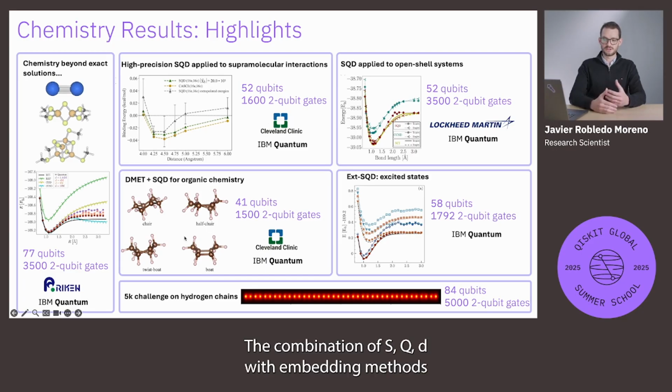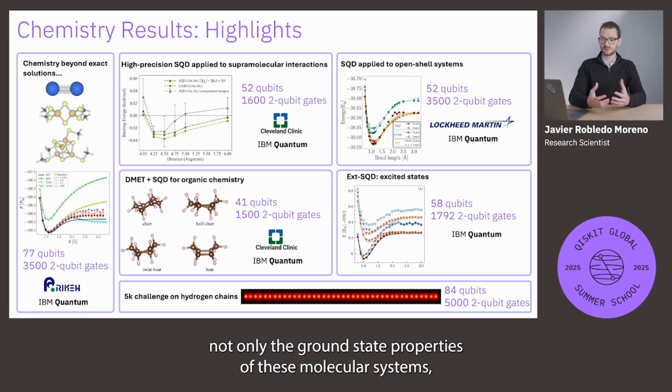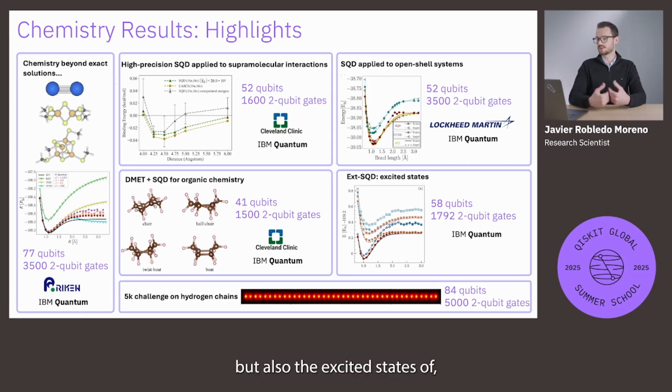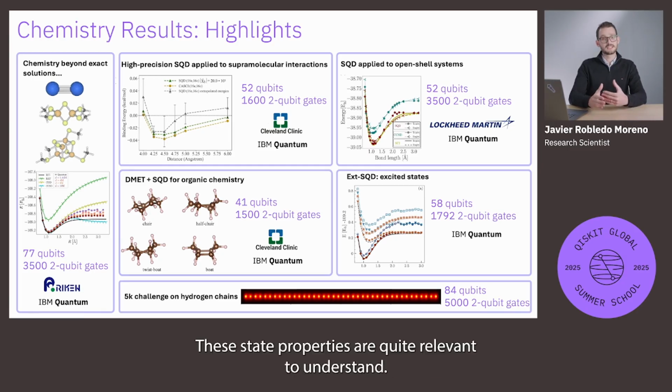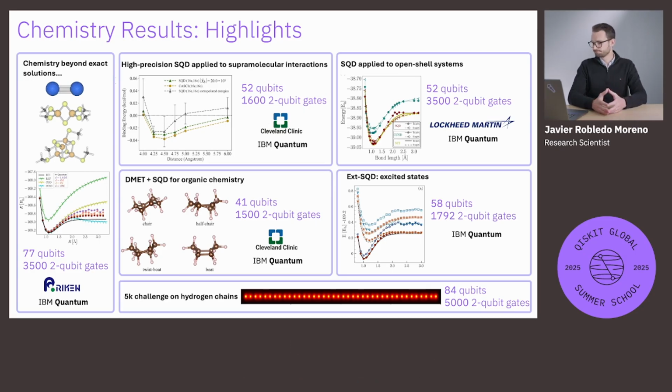The combination of SQD with embedding methods to study larger organic molecules. And also it's been generalized to study not only the ground state properties of these molecular systems, but also the excited states of molecular systems. These excited state properties are quite relevant to understand, for example, the optical spectra of these systems.